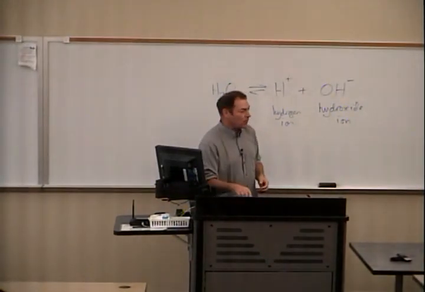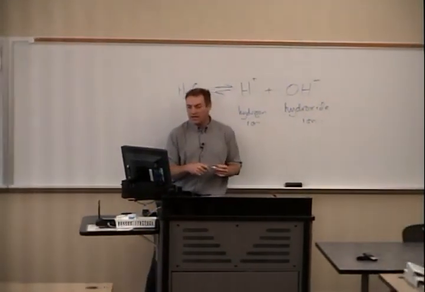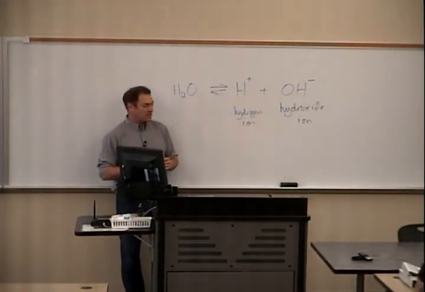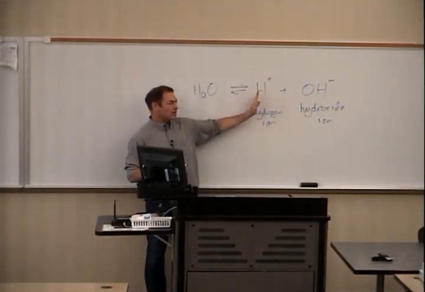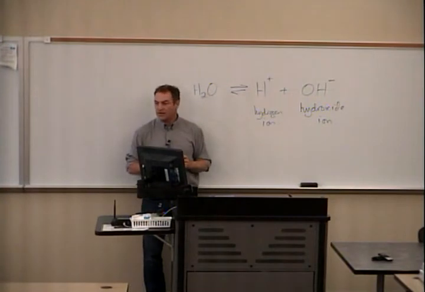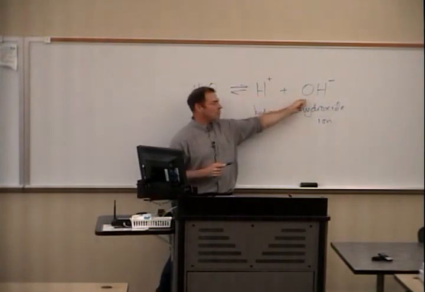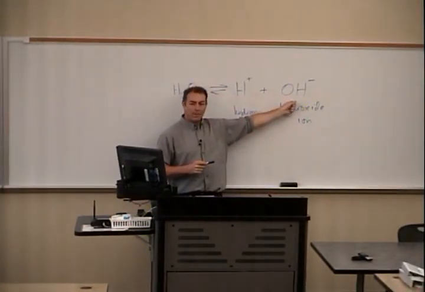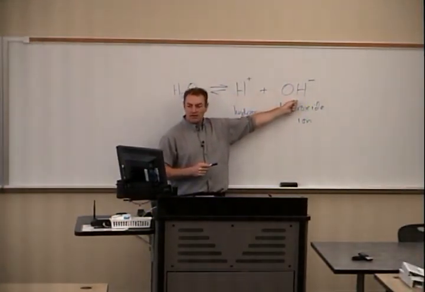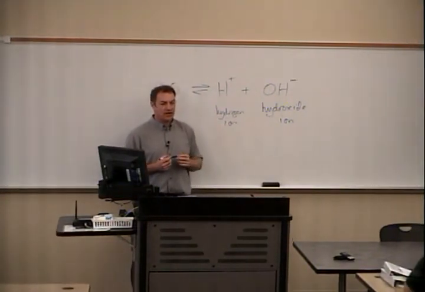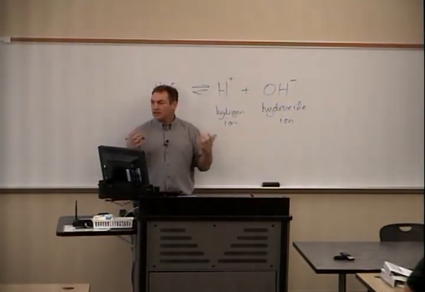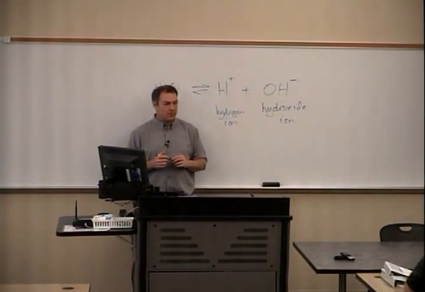Now, in any sample of pure water, there's an equal ratio of hydrogen ions to hydroxide ions. Because if one water molecule dissociates into one of these and one of these, what must be the ratio of hydrogen ions to hydroxide ions? It's got to be a 1-to-1, right?